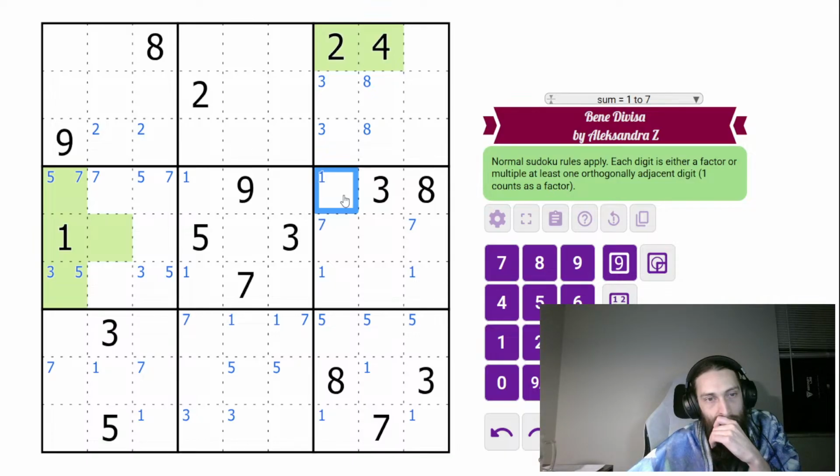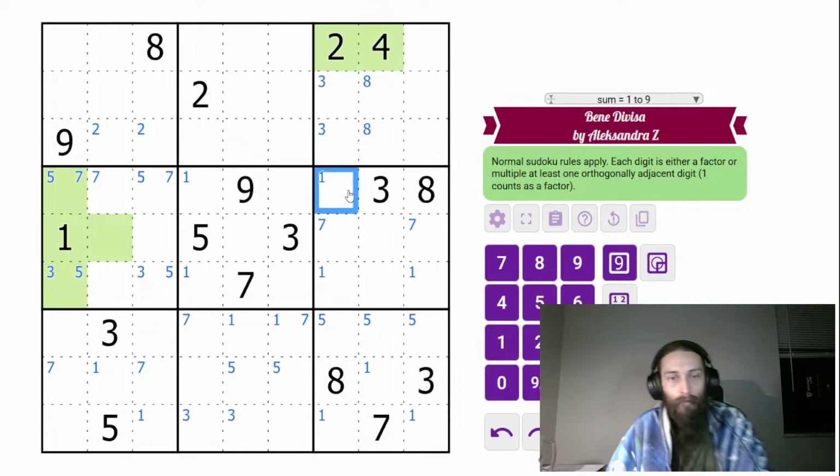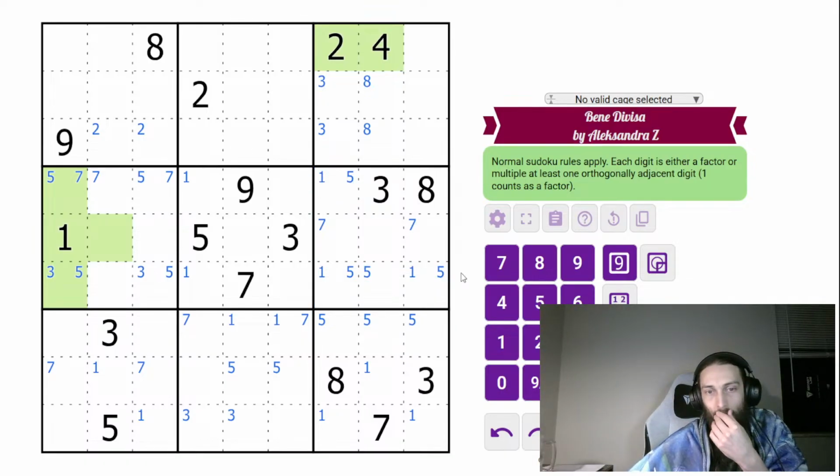1 can be next to the 1. I guess the 1 would go above it. Yeah, I still have room to place 1s here. Now, 5 has to be one of those places.